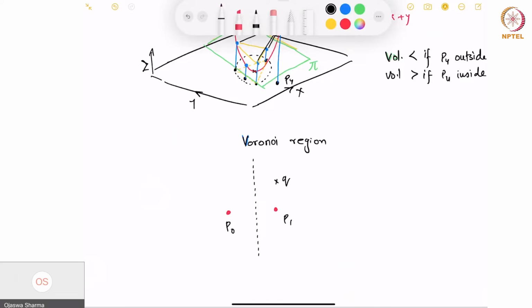So there are two Voronoi regions in this case, Voronoi region V0 and Voronoi region V1, and those are defined by splitting the entire plane by the bisector of P0 and P1, with the property that Q is closer to P1 than it is to P0. So the Voronoi region of Q is V1.